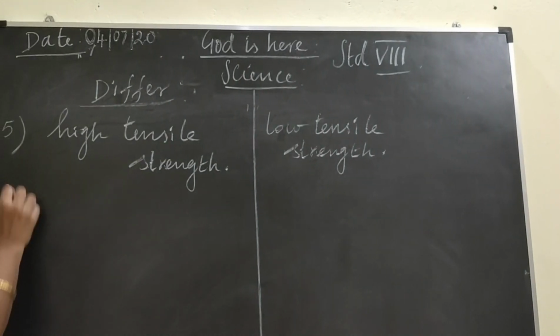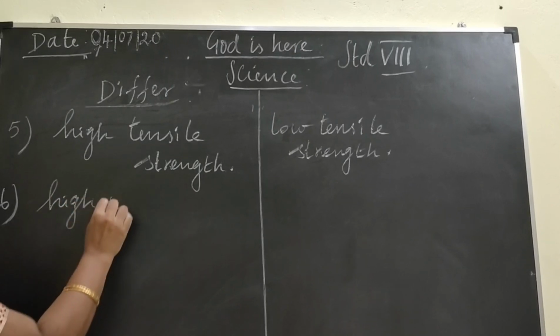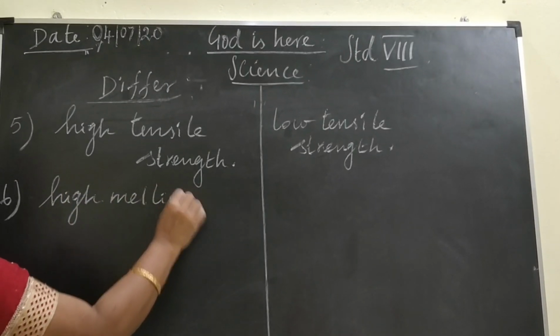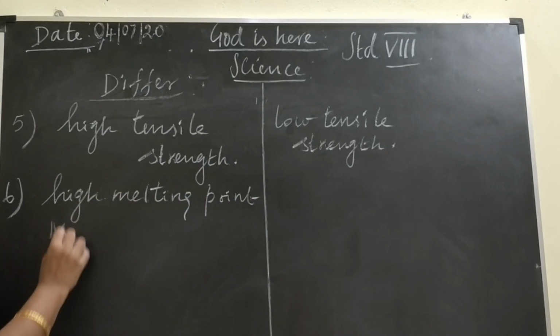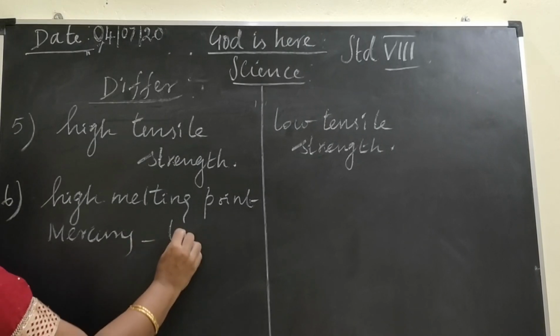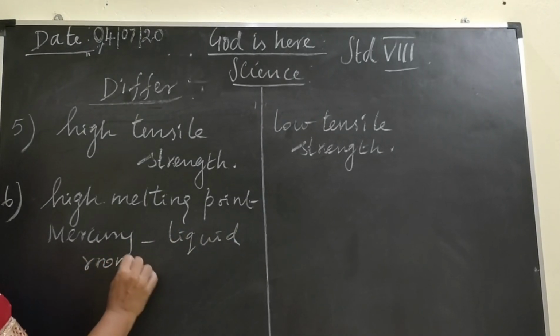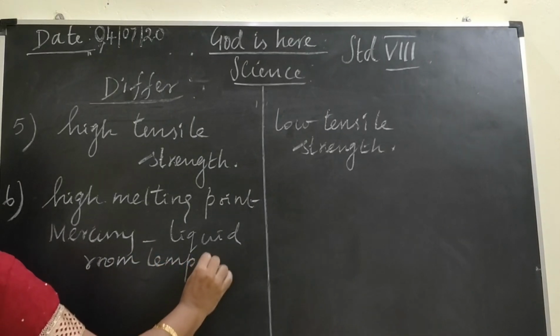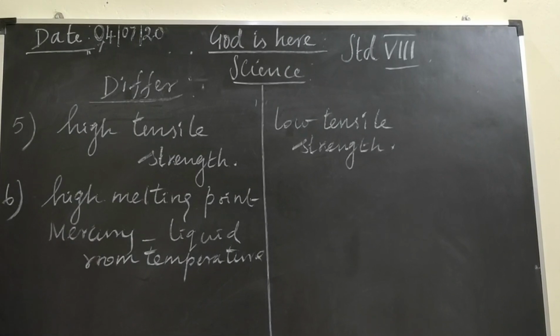Then sixth point, metals have high melting point. However, mercury is a liquid at room temperature. What's the sixth point?